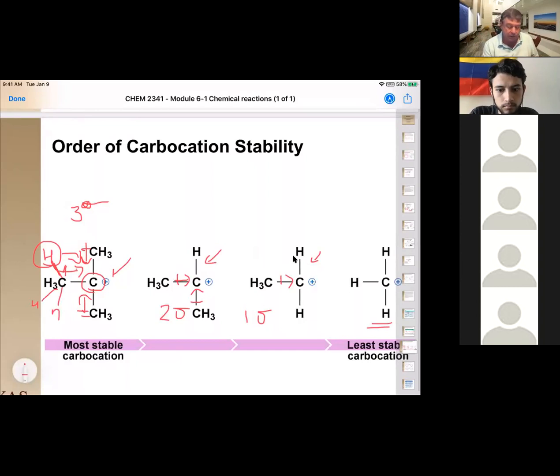And notice you have more hydrogens here than here than here that have that through space interaction. So again, it leads to the greater stability of the carbocation. So the tertiary is always the most stable and actually forms fairly easily. And we can change things to make a good leaving group or a better solvent to make it happen even faster.